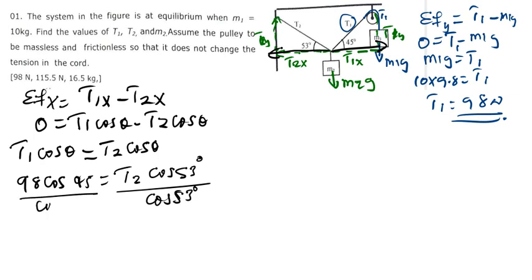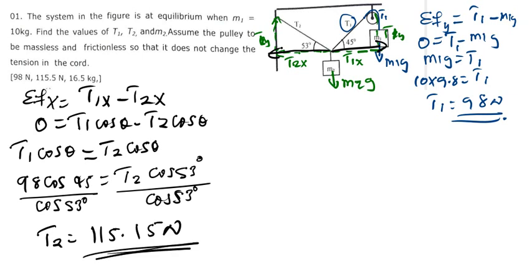Therefore T2 will be equal to, if we get our calculator, 98 cos 45, the answer I find divided by cos 53. So the answer I'm getting is 115.14 newtons.